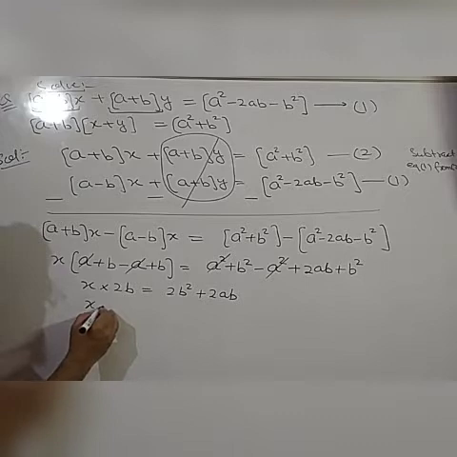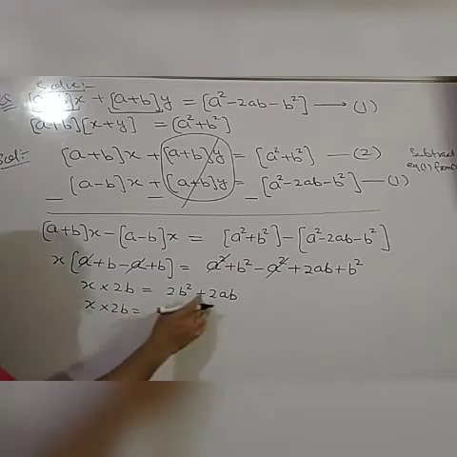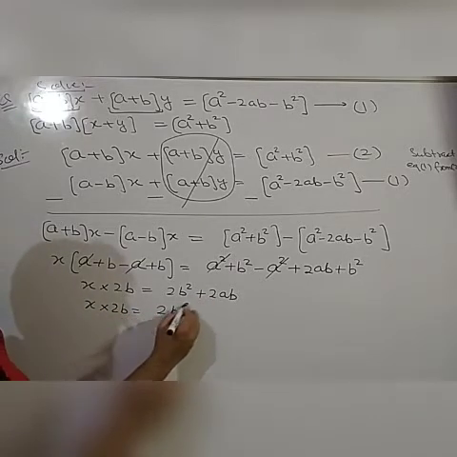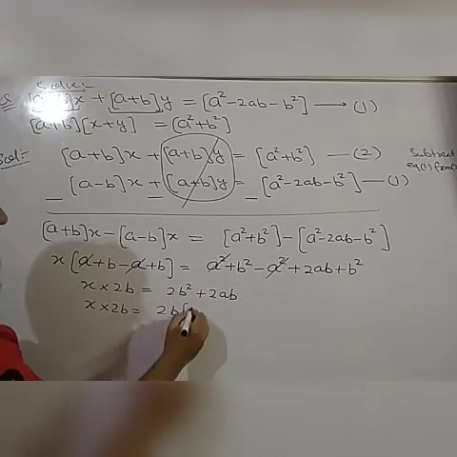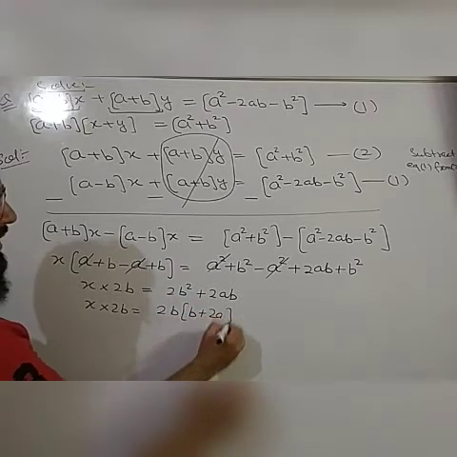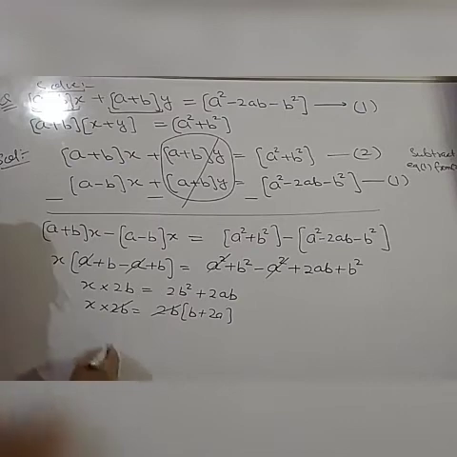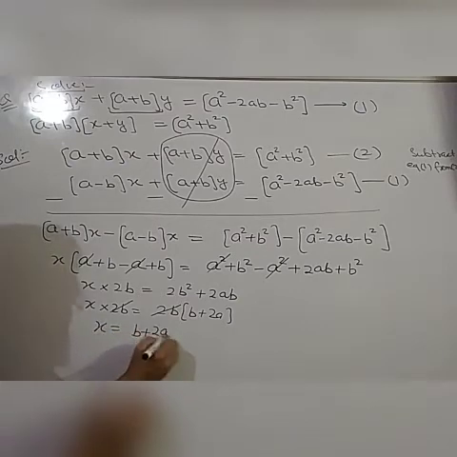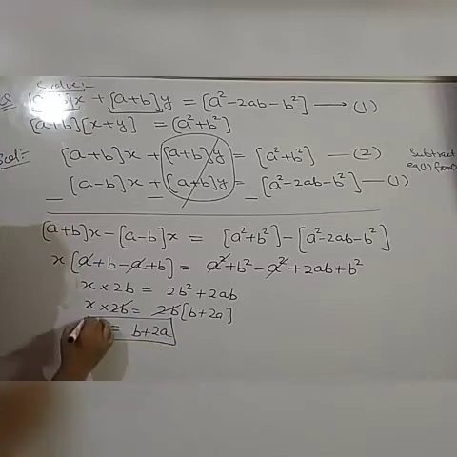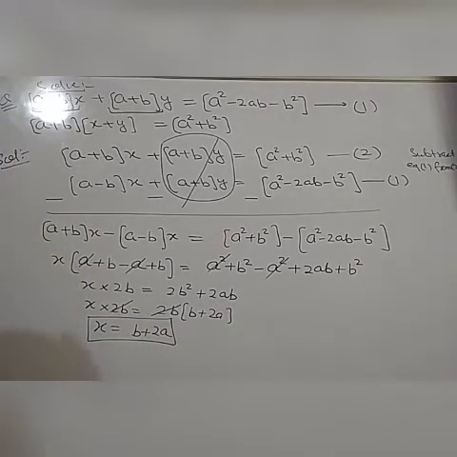So x into 2b is equal to, if we take 2b common, 2b times (b plus 2a). Now this 2b and 2b will cancel out, so the value of x will be equal to b plus 2a. This is the value of x. So in this way we have found the value of x.